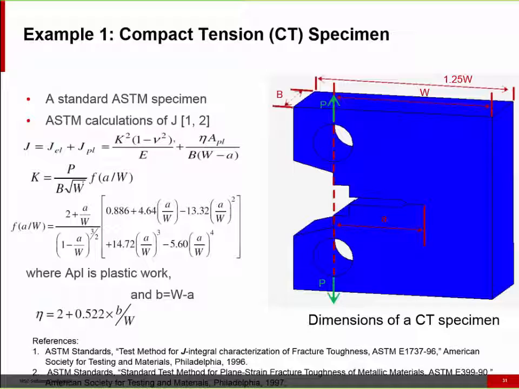The J-integral includes an elastic contribution, which is JEL in the equation, and a plastic contribution, which is JPL in this equation. Please note that APL in the first equation is the plastic work, and it is a standard output in Marc.